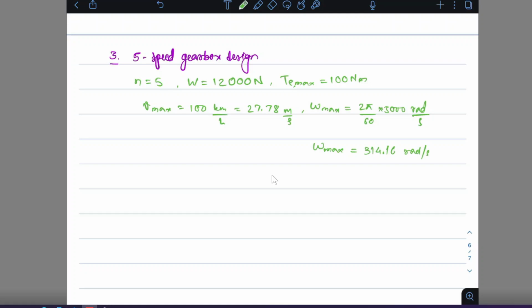Here also the grade is given as 0.2. This implies theta max is 11.31 degrees. Fourth gear is given as direct drive. Transmission efficiency is 95%.